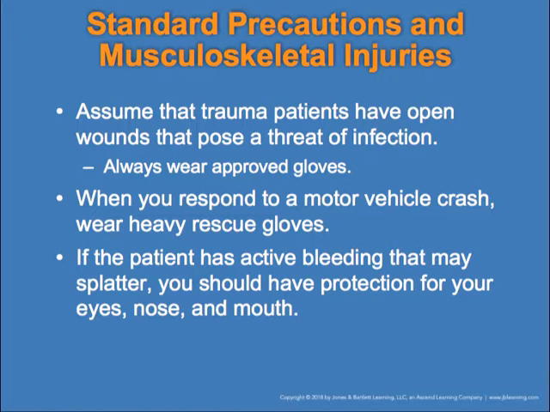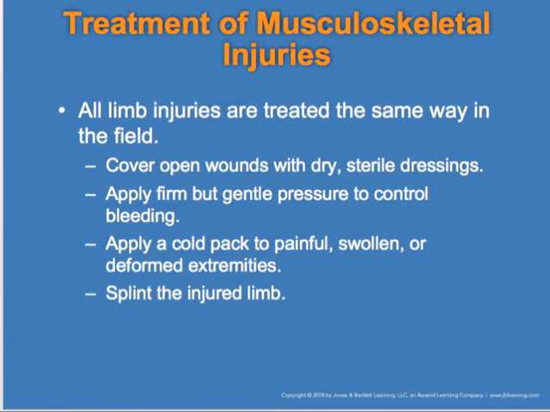So we want to make sure that we're very careful around those open wounds. We want to cover them as quickly as we can, and always wear gloves to protect yourself as well. When you respond to a motor vehicle crash, wear heavy rescue gloves, big, thick gloves, to protect yourself. If a patient is actively bleeding and it may splatter, we should be using things to protect our eyes, nose, and mouth.